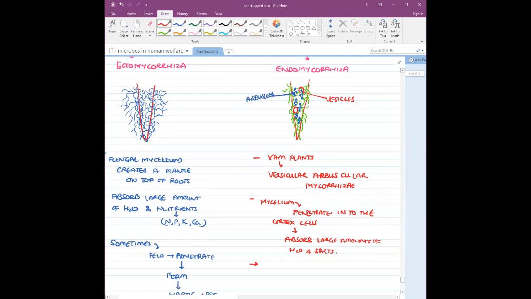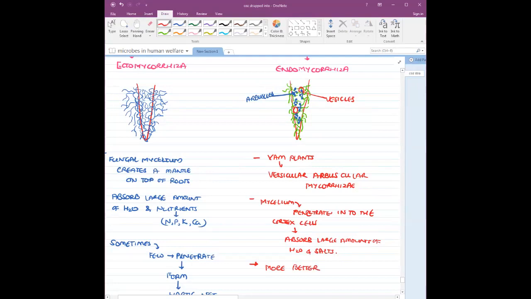Okay, and guys, if we have a comparison, like who is better of these two, ectomycorrhiza and endomycorrhiza, always remember endomycorrhiza is going to be more fruitful, more better as compared to your ectomycorrhiza.